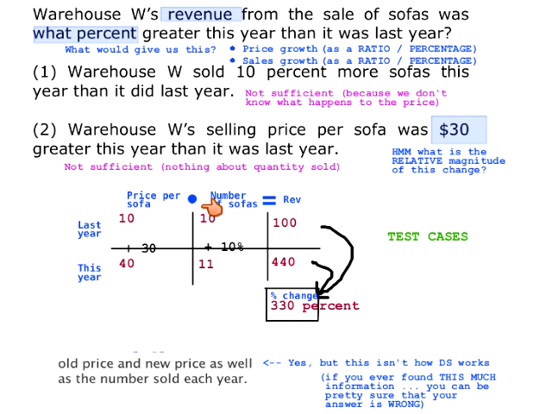Now this is where it helps to have an intuition about the problem. Which one of these things do we need to tweak, the price or the number? If you don't know, then you should just start tweaking them. Yeah, the price is the thing that's important to adjust.